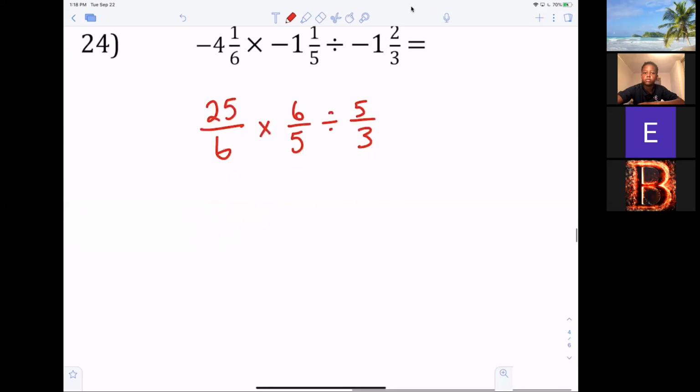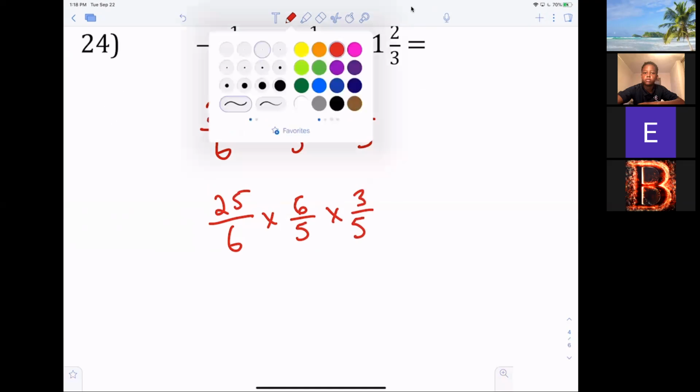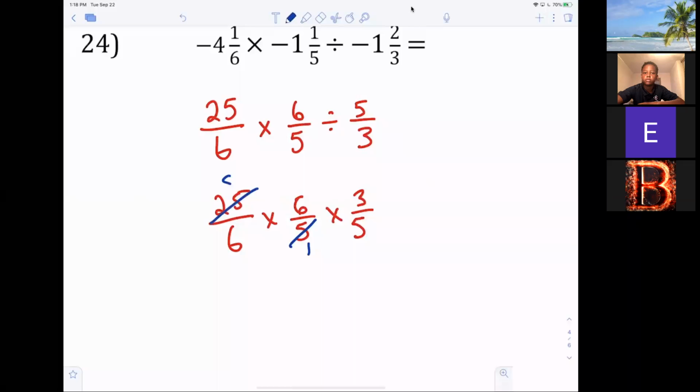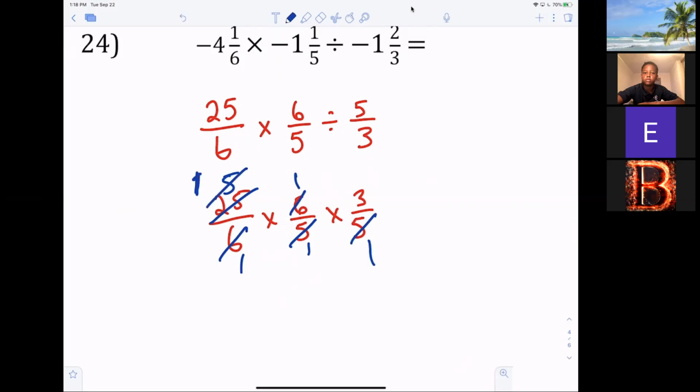So now I'm going to rewrite it. Oh, and then 5 becomes 1. And then the other 5 becomes 1. Which is the same as. Very good. And it's positive.